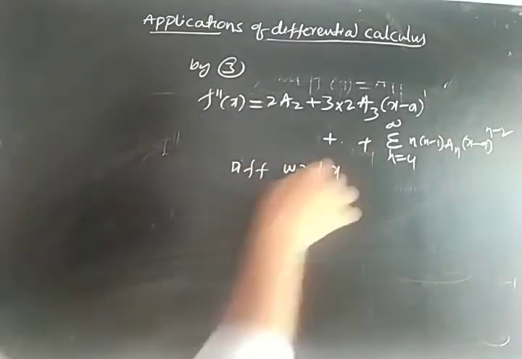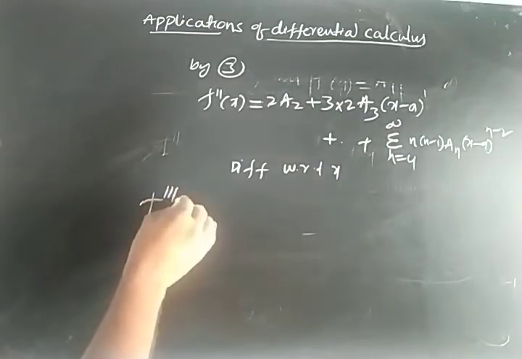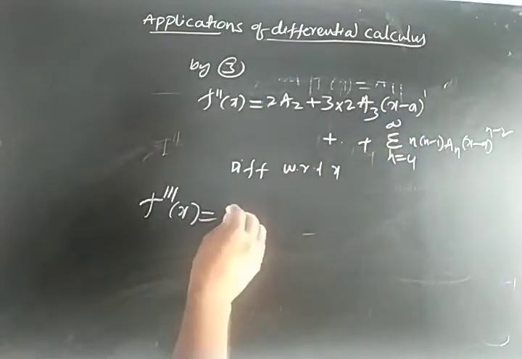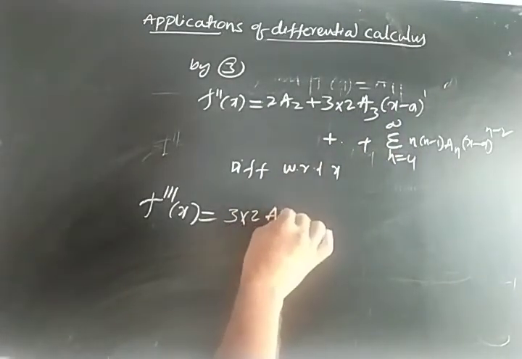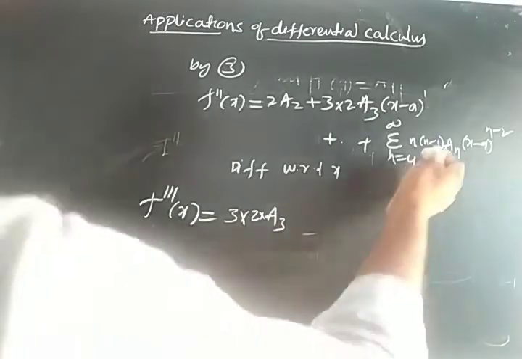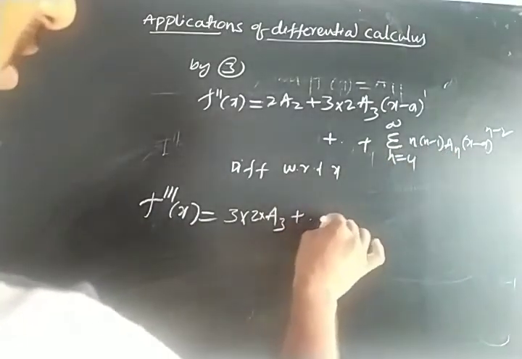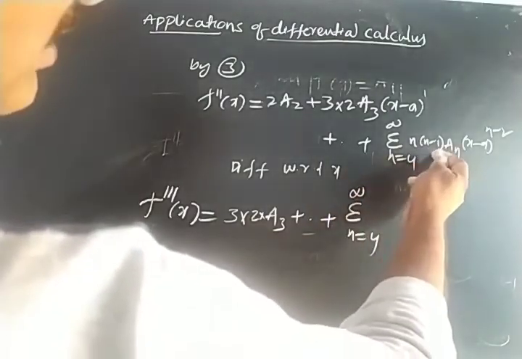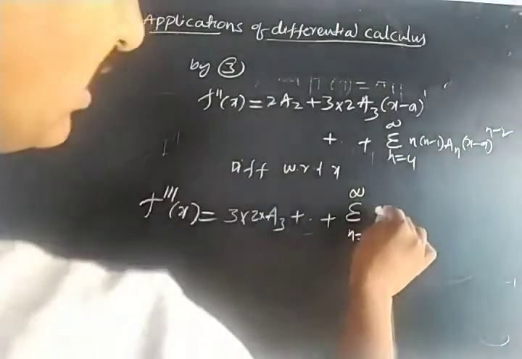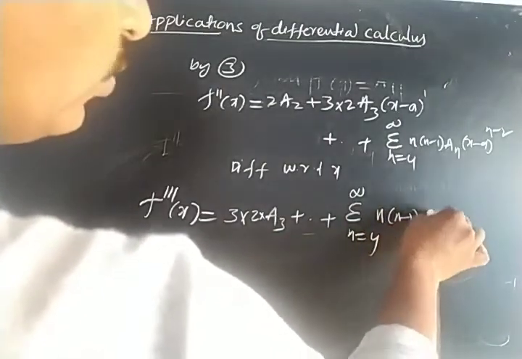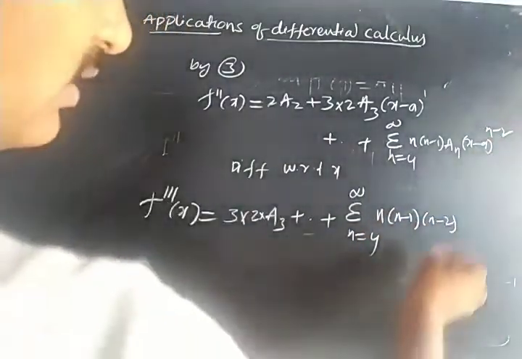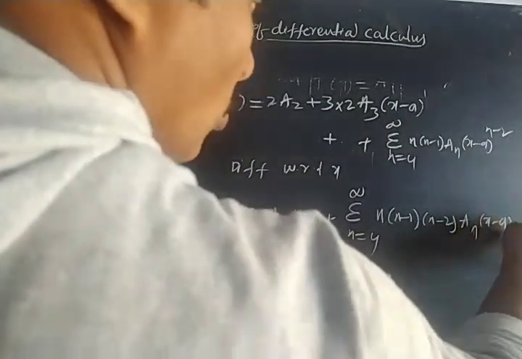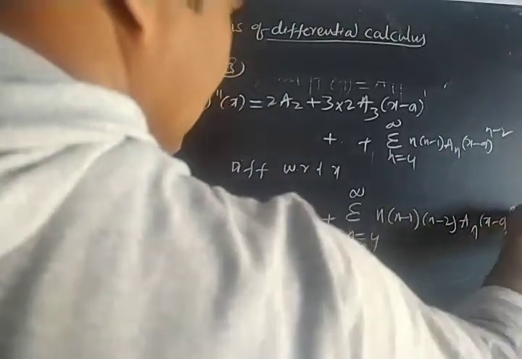Left hand side f triple dash of x is equal to, this will be 0, and here x derivative 1. So what you will get? 3 into 2 into a3, plus so on. Here n equal to 4 to infinity n minus 1 an constant, power derivative n minus 2, n into n minus 1 into n minus 2, again base derivative 1. So you can write an x minus a whole power n minus 2 minus 1.